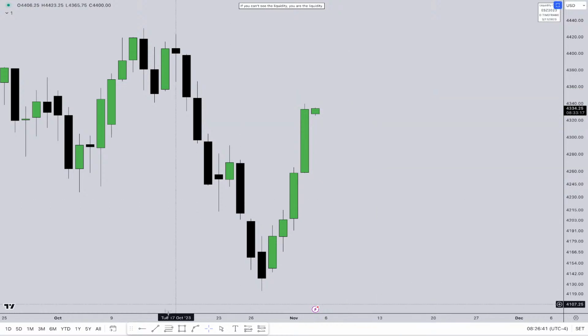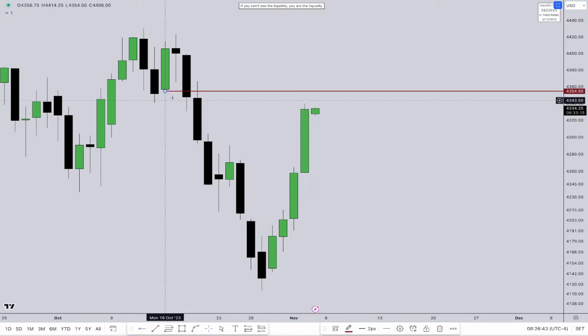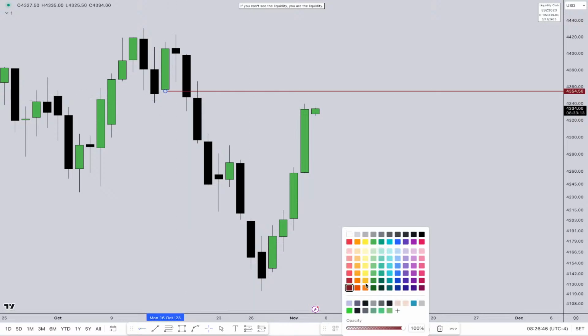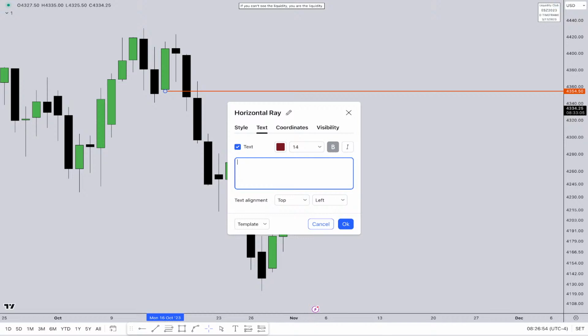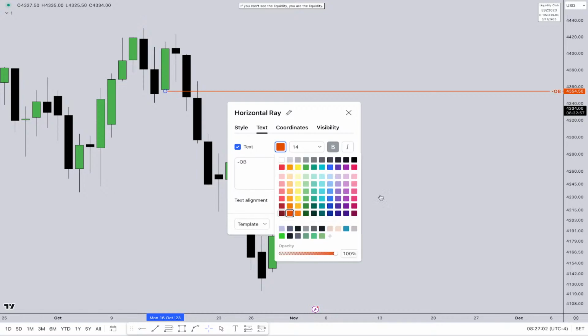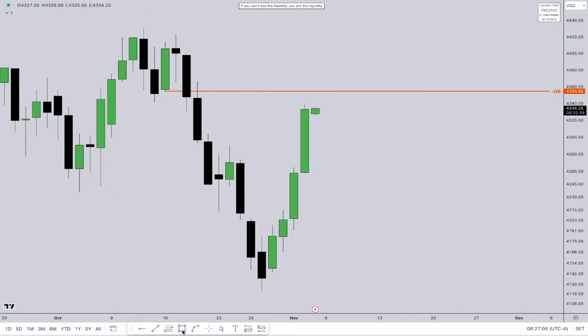Let me remove all drawing. You can see we have here bearish order block. You can keep this fair value gap in your mind, or I can annotate it.